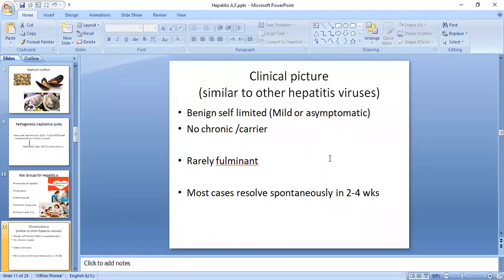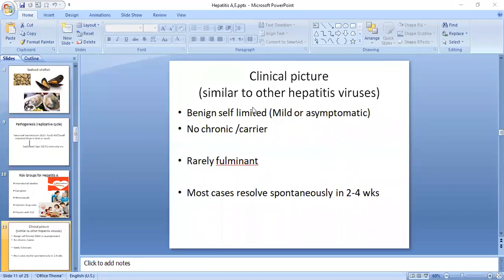The clinical features are similar to the other types of hepatitis viruses. As the other viruses cause hepatitis, the features are similar. However, the hepatitis A virus is a self-limited disease. It causes mild or asymptomatic hepatitis.